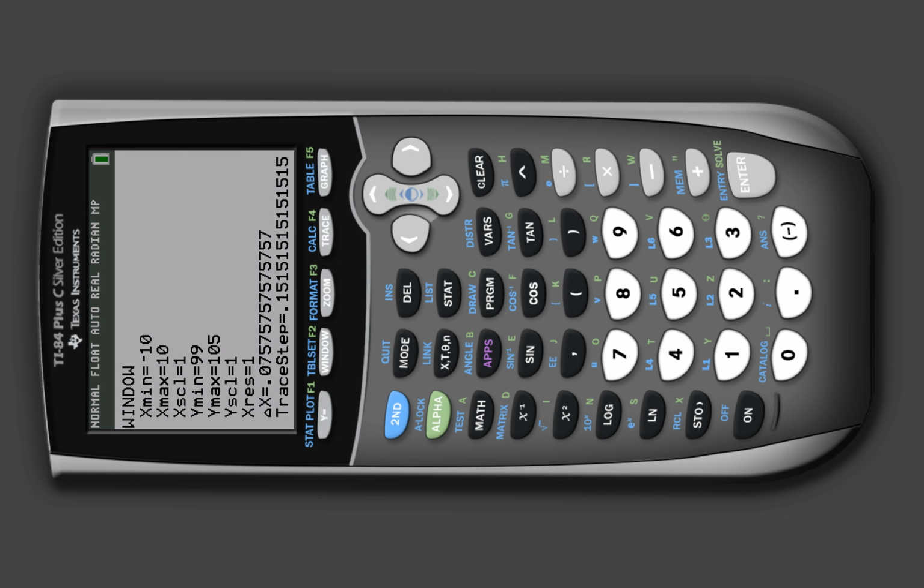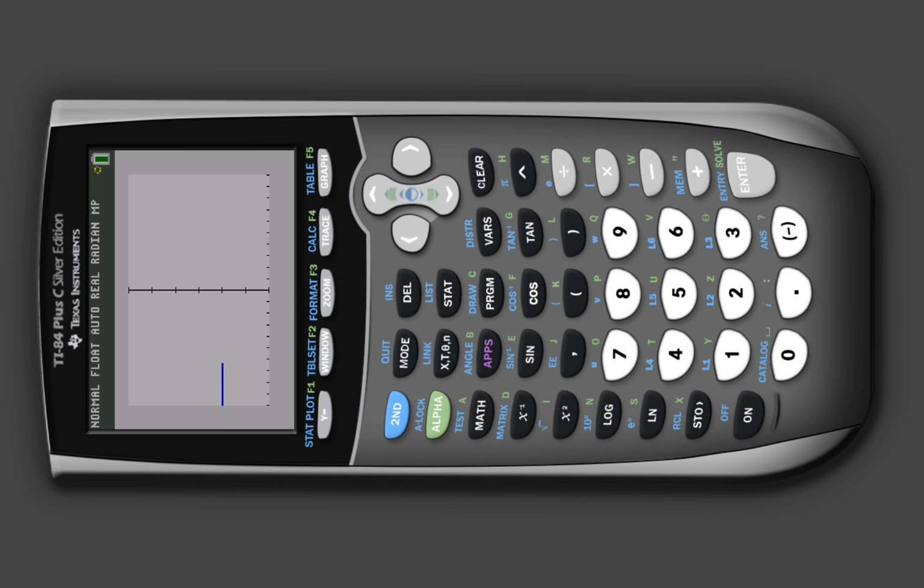I'll just let the X minimum and maximum be that for the moment. Let's see where my other curve is. It may not cut in this region, but okay, it does cut here.